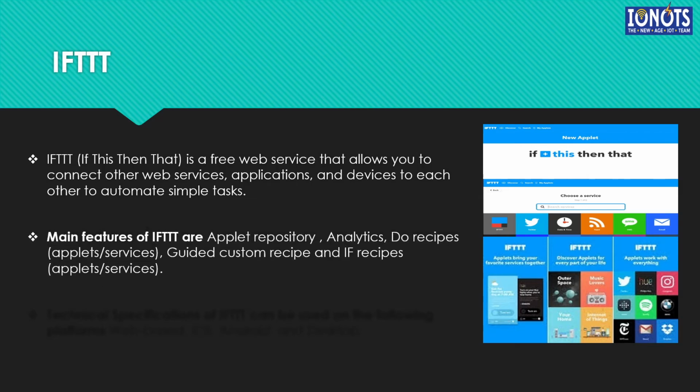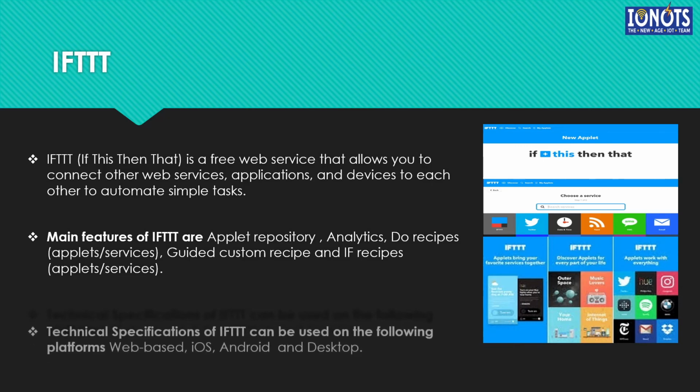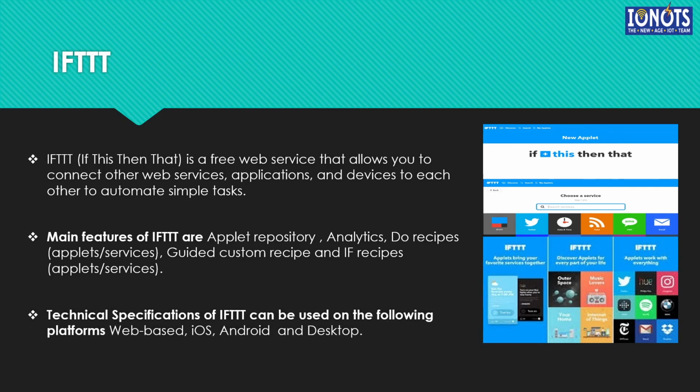Main features of IFTTT are applet repository, analytics, do recipes, applet services, guided custom recipe, and if recipes. Technical specifications: IFTTT can be used on the following platforms: web-based, iOS, Android, and desktop. So this is a brief introduction to IFTTT.